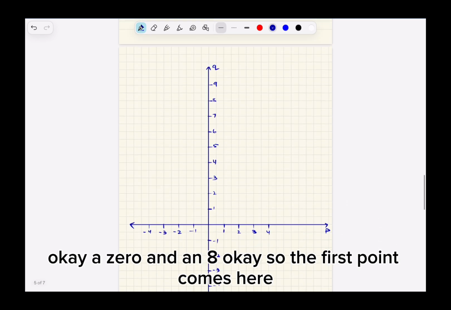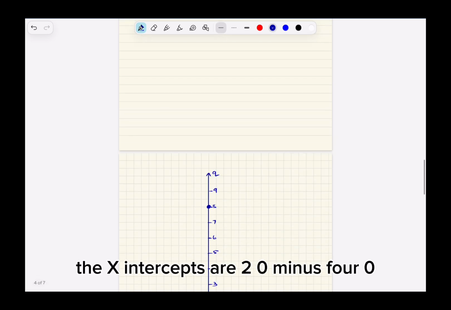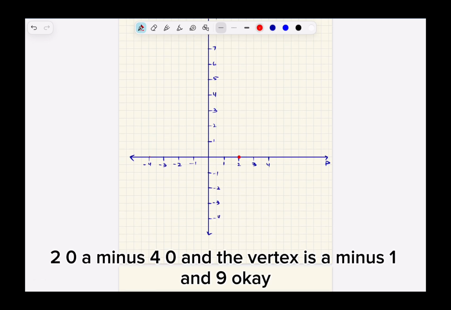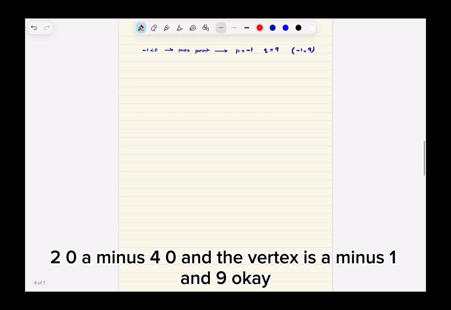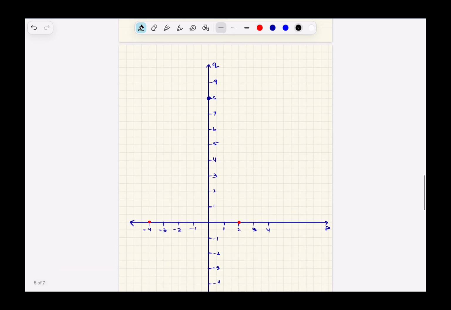So the first point comes here. The x-intercepts are 2, 0 and minus 4, 0, and the vertex is minus 1 and 9.